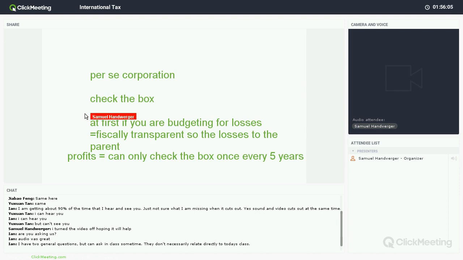So at first, you might be able to get your losses to the U.S. parent, but when they start making profits, you might have to pay U.S. tax for a while. Usually, it works out because the profits made in the first 5 years, even in the best of times, are not that heavy. So the foreign tax paid is not that great, and the U.S. tax paid together with it is not terrible, and the foreign tax credit helps take care of double taxation.